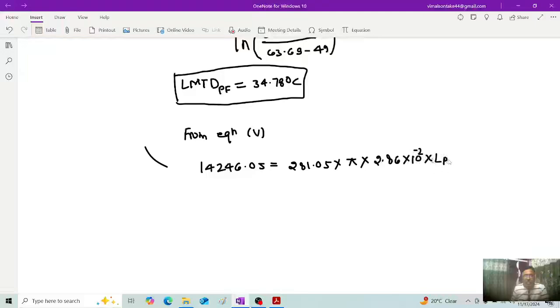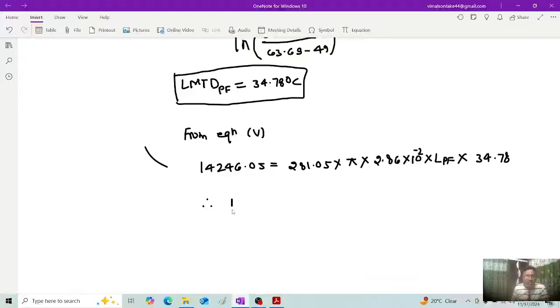Length of parallel flow heat exchanger is to be calculated, and the value of LMTD for parallel flow heat exchanger is 34.78 degrees Celsius.